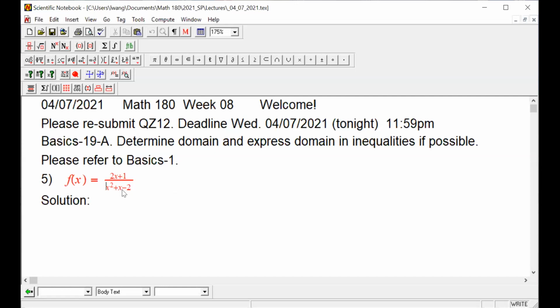For example, if I set up the denominator equal to 0, meaning in our mind, we're trying to identify the numbers such that the denominator is 0 and to exclude them from the domain. Okay, so we have that logic in mind. So if we set it equal to 0, that's what we're up to.